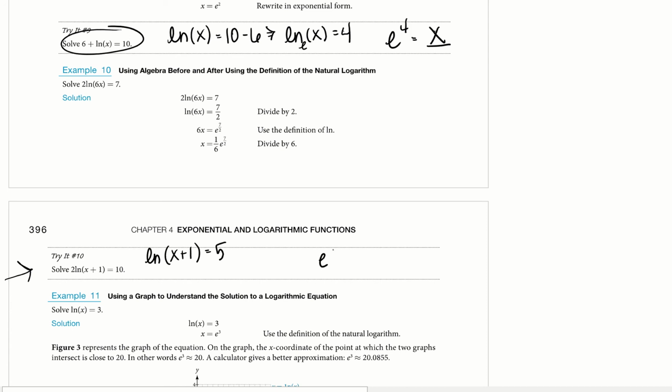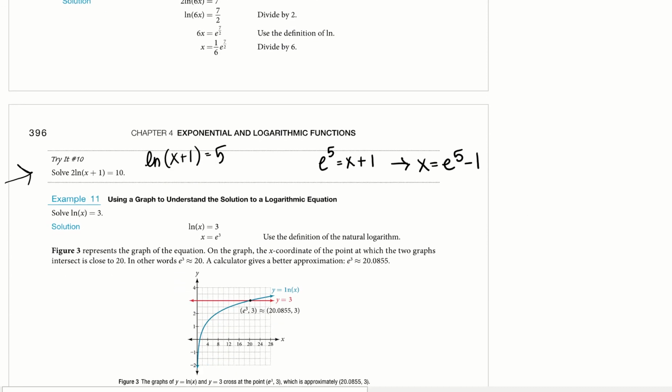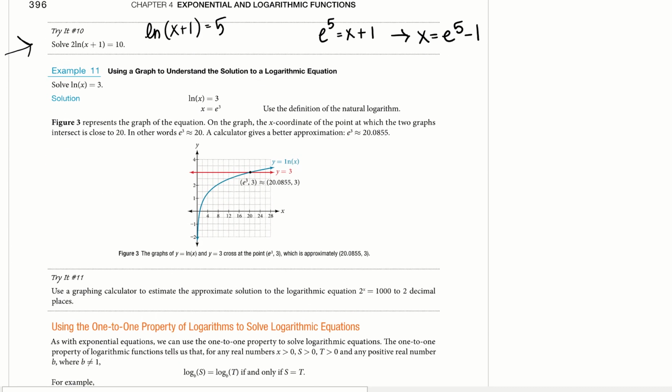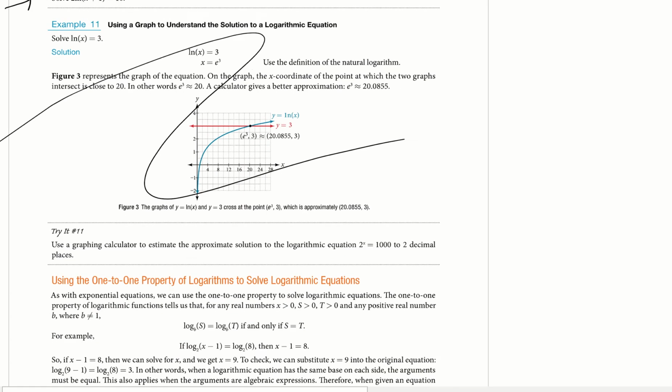So now I'm going to have e to the 5 equals x plus 1. So now I have to solve for x. So I just subtract 1. x is going to equal e to the 5 minus 1.